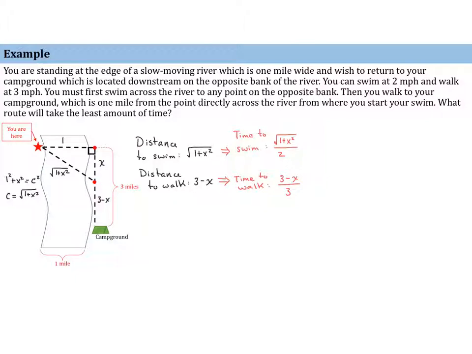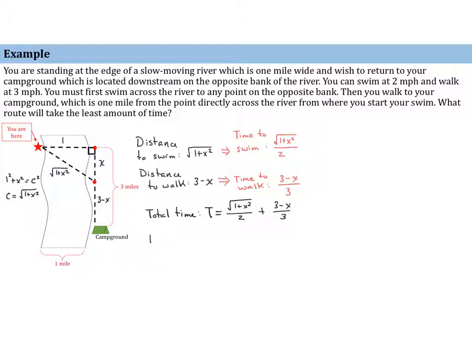If we take the distance to walk, which is 3 minus x, and divide by our rate of 3, we get 3 minus x all over 3. So that tells us that the total time is the sum of those two times. So t will equal the square root of 1 plus x squared all over 2 plus 3 minus x over 3.